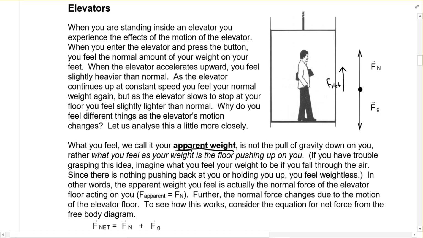So these two arrows are no longer balanced. Your net force would have to be bigger than your force of gravity. And it's actually this net force that you feel, right? So your weight all of a sudden feels that much heavier because that is your apparent weight.